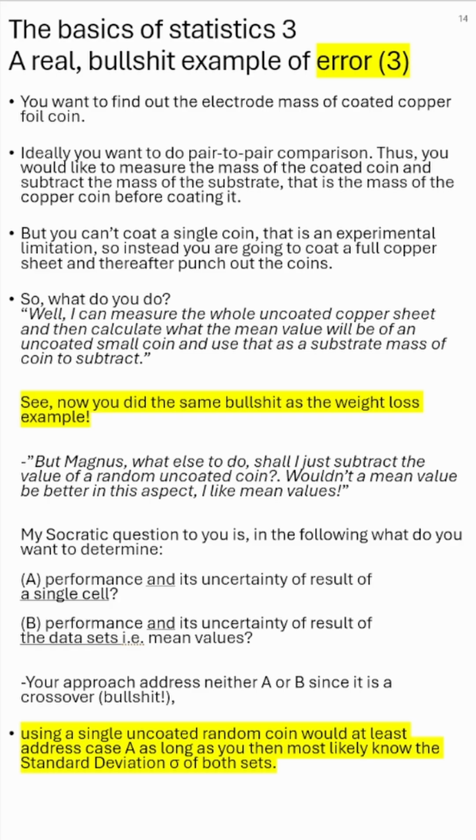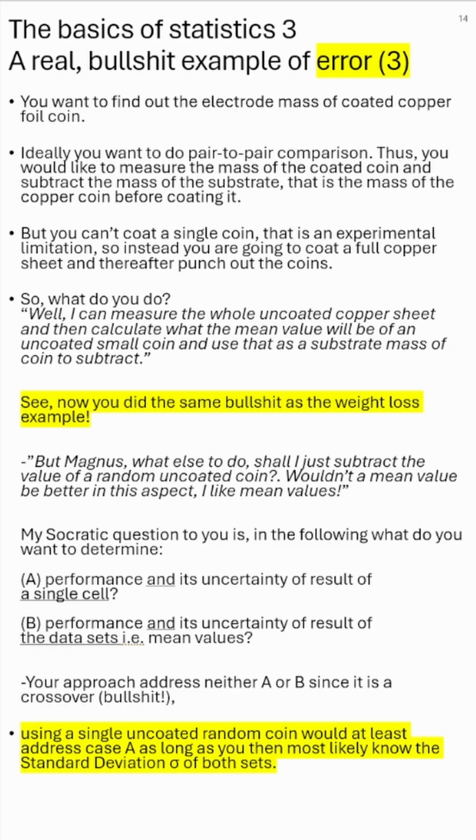But you don't have any information about uncertainties at all. So that doesn't fulfill either A or B. If you're measuring single coated coins and subtract the mean value of the reference, then you are not in the A case either, because you have done this crossover bullshit.